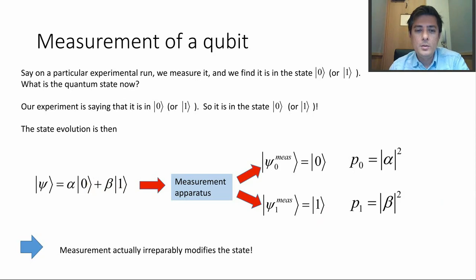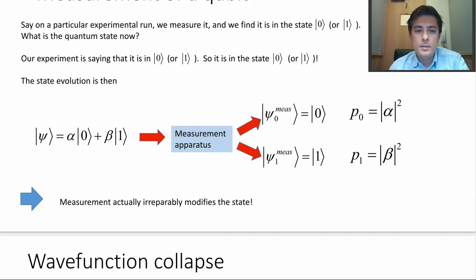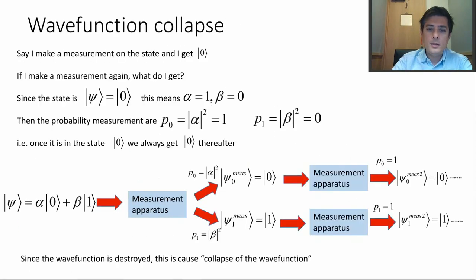Okay, so let's talk about what this notion of wave function collapse is. To illustrate this, I've done my measurement and I get a particular outcome, 0 or 1, with certain probabilities. Then I say, okay, if I measure it again, what do I get?